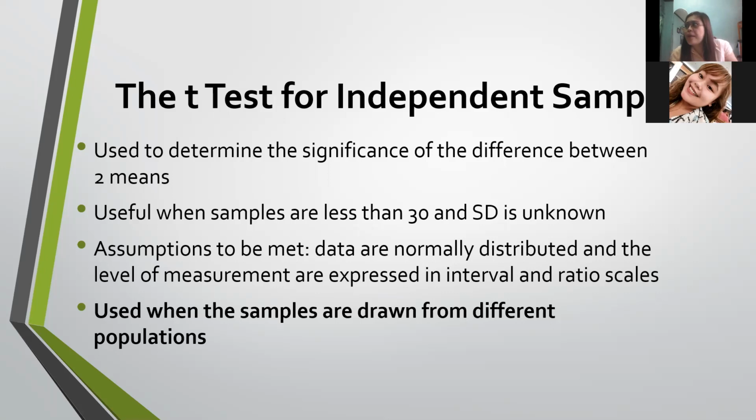So always go back to the statement of the problem and look if there is a question like, is there a significant difference? Okay? So what is another thing you look at? Is there a significant difference between two groups only? Again, with a t-test, it's between two groups only.